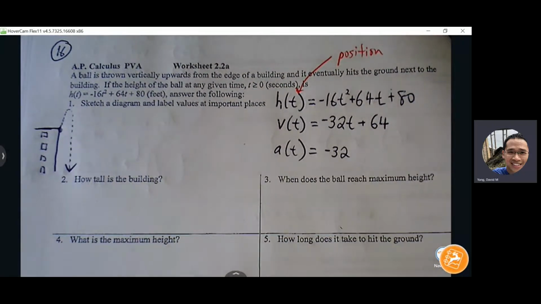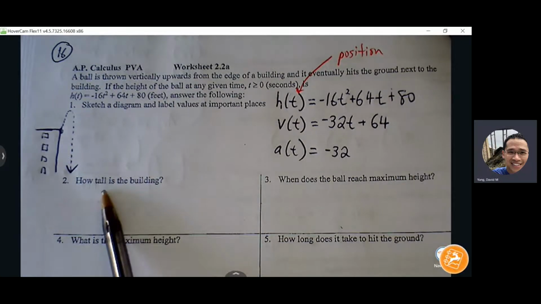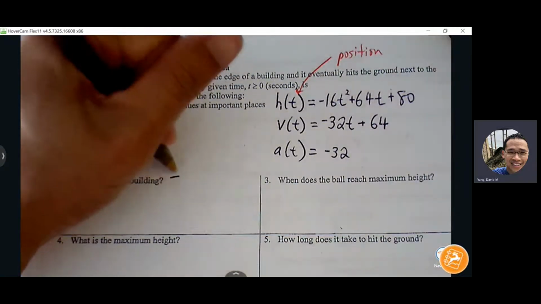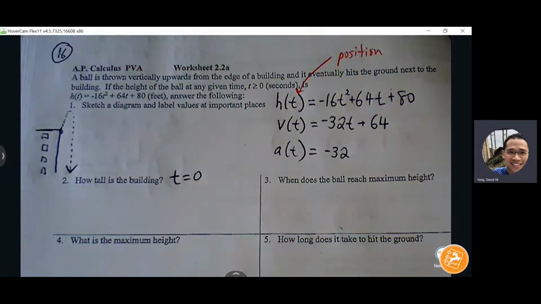Okay, so now let's look at number 2 here. Now we're pretty much done with the calculus. We're just using these functions to find the information that we need. How tall is the building? Well, we know that the ball is going to start off at the top of the building. So we can just insert 0 into the height.